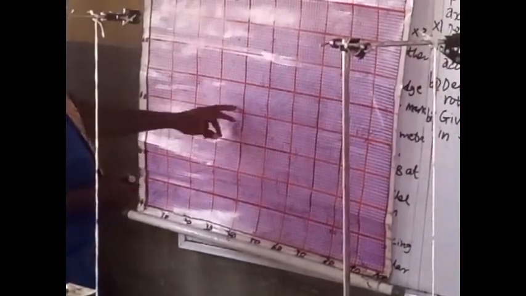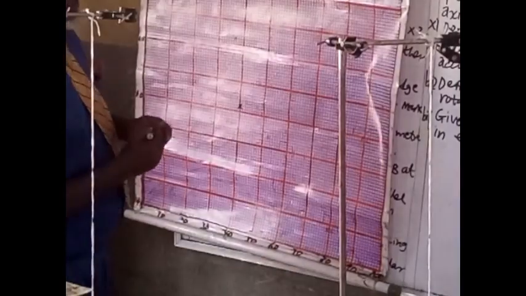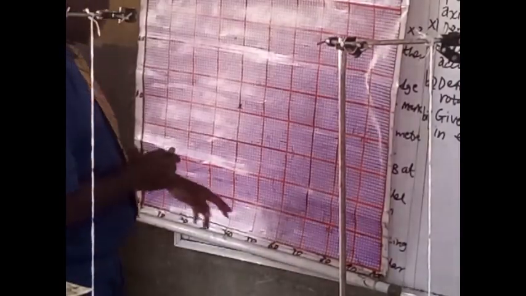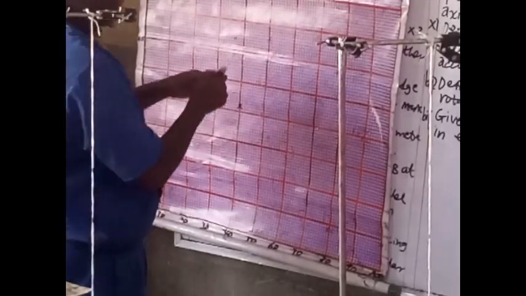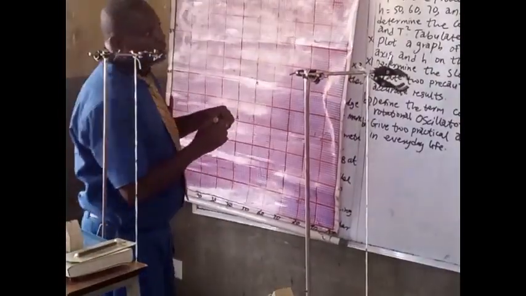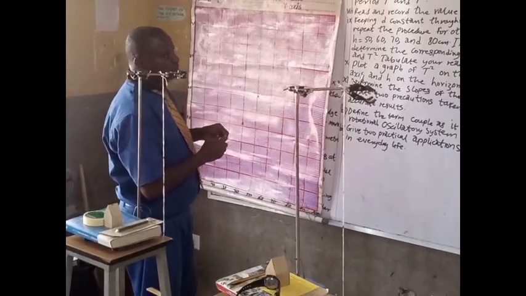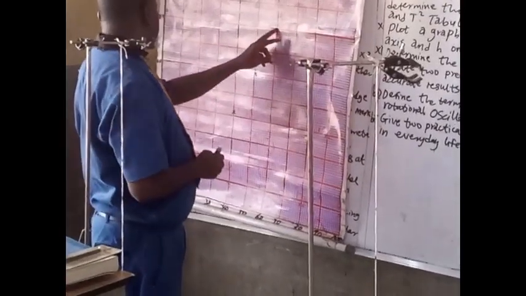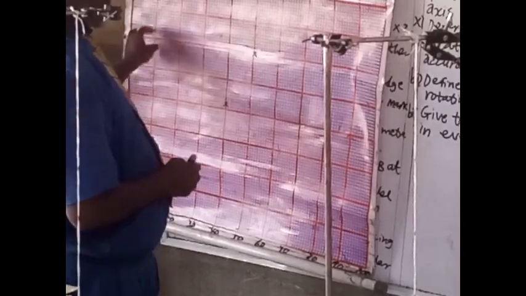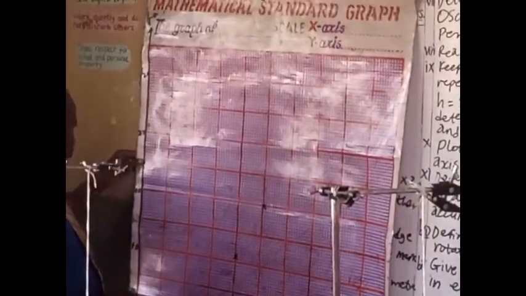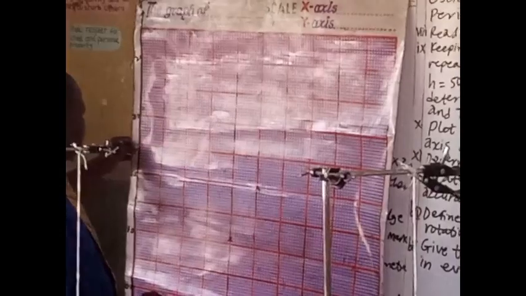This is 1, so 1.05 will be here. 50 against 1.50. Then 60 against 1.76. This is 1.5, this is 1.75. So 1.76 will be about 2 squares above 1.75.